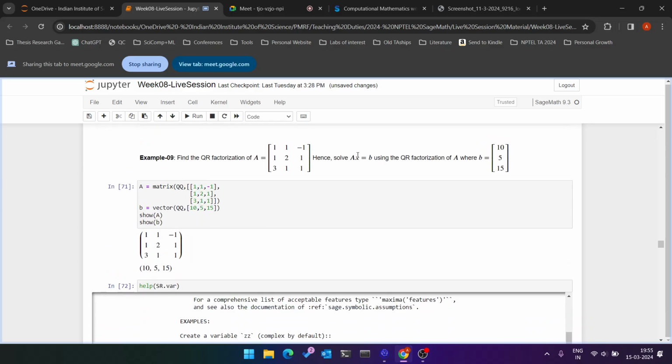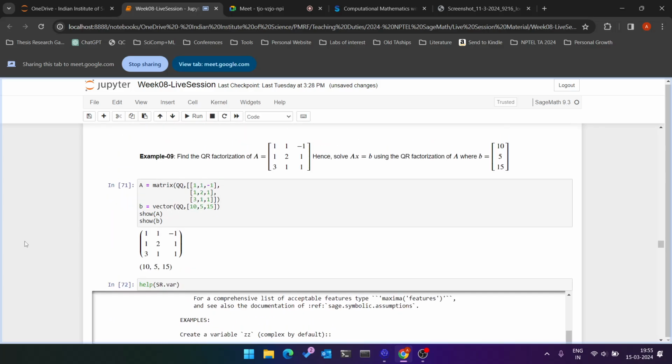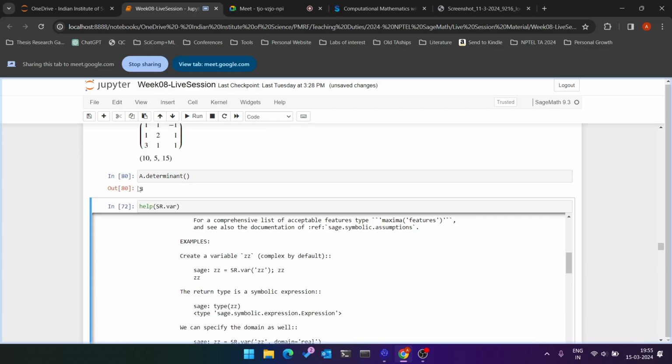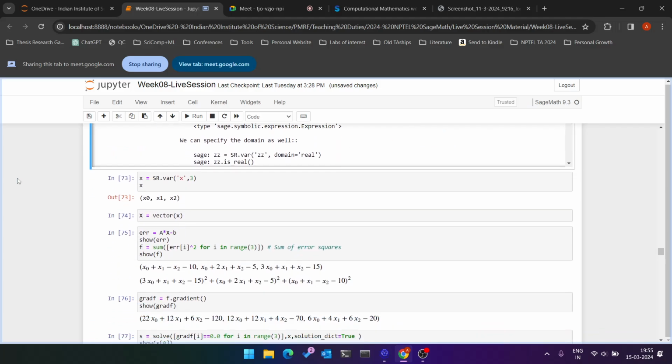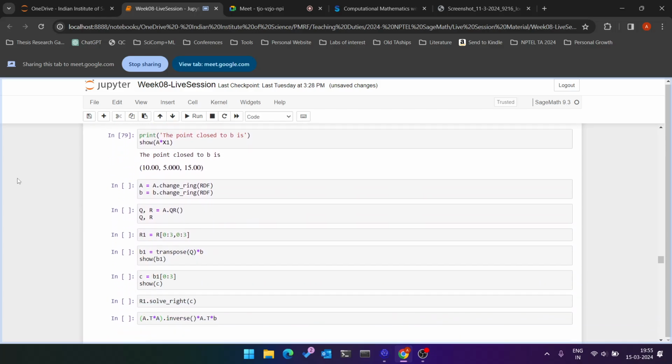In this given example, Ax equal to B is perfectly solvable, and we could have also checked that by looking at the determinant of A, whether A is singular or not. A is indeed invertible, which we could have used also to find the solution.